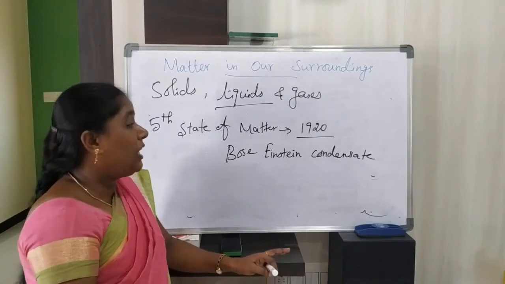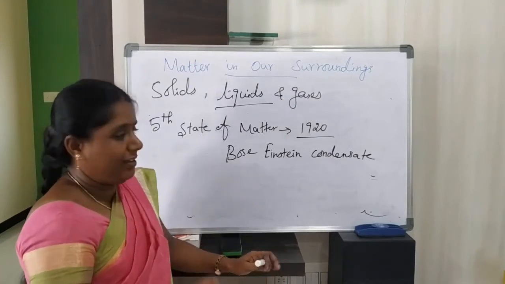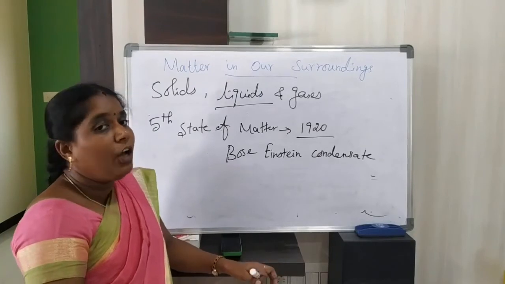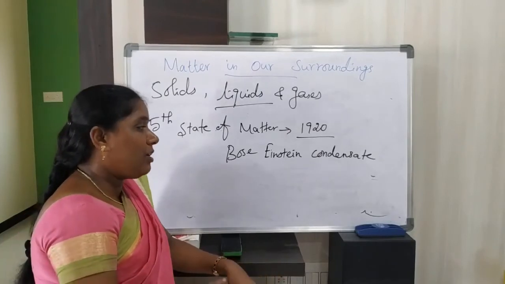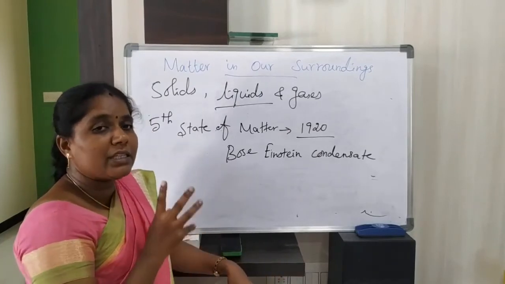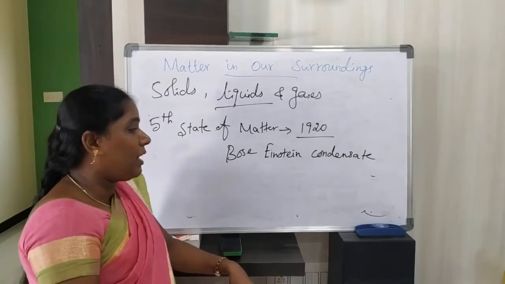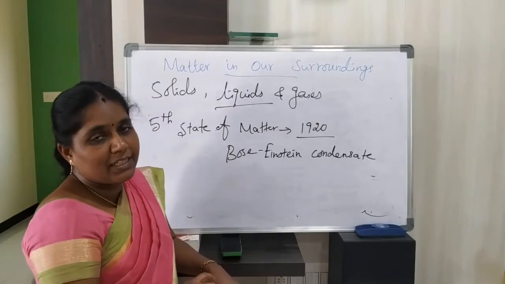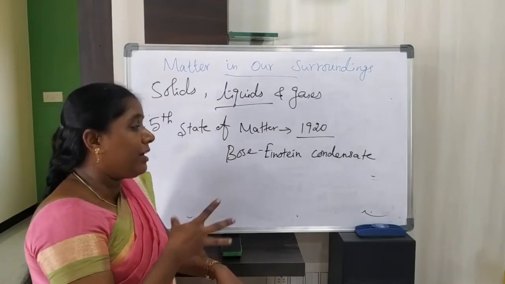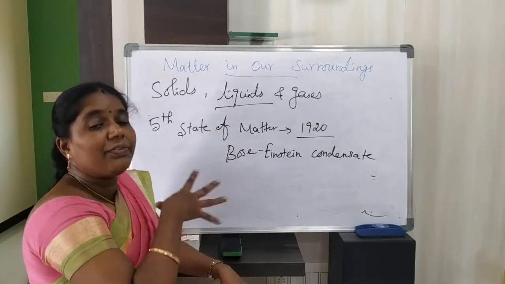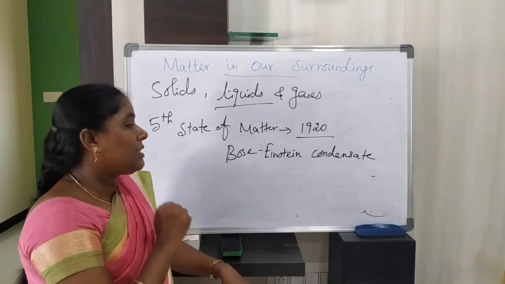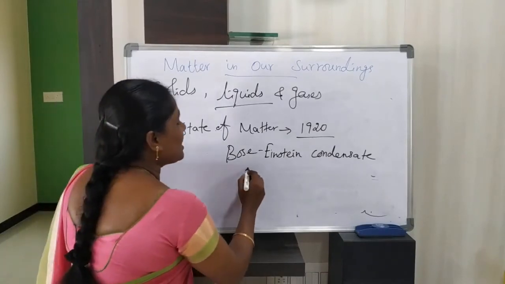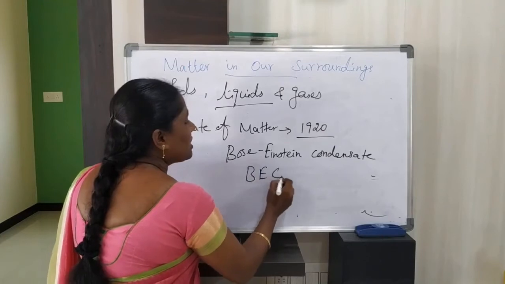It is generally called Bose-Einstein condensate. What's the name of this matter? Bose-Einstein condensate. We call it Bose-Einstein condensate because Satyendranath Bose, a physicist, in 1920 tried to make this fifth state of matter, the Bose-Einstein condensate, that is BEC.